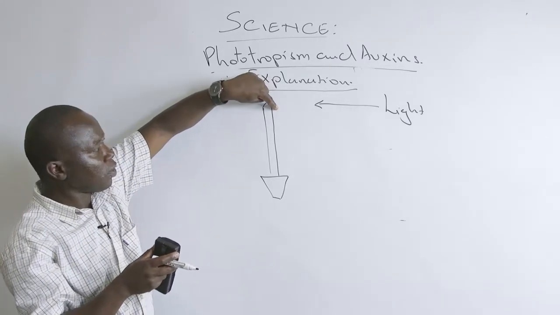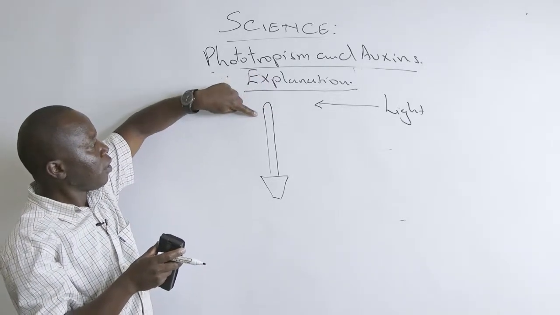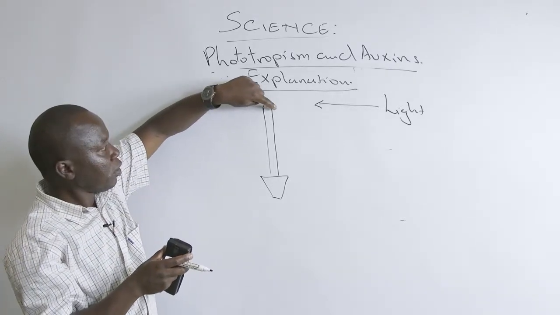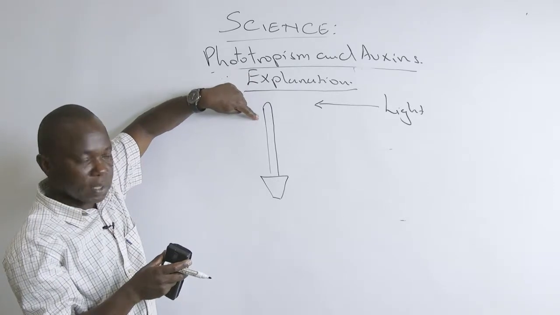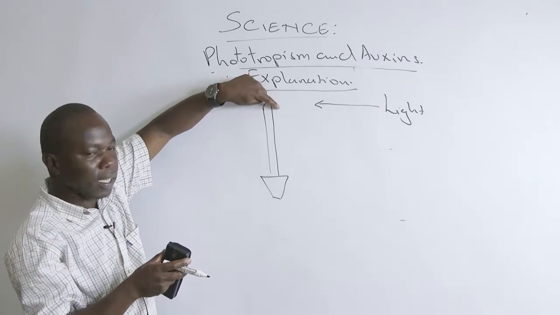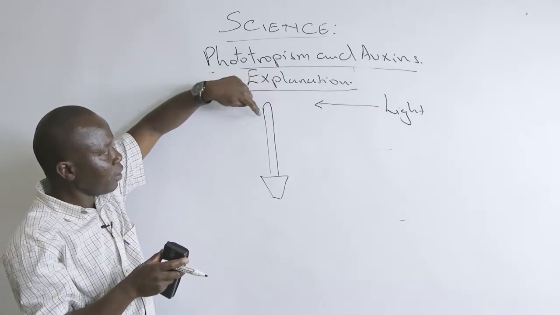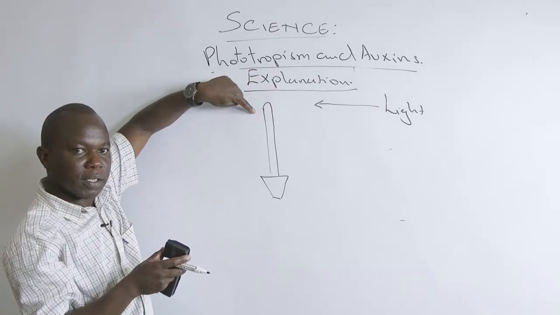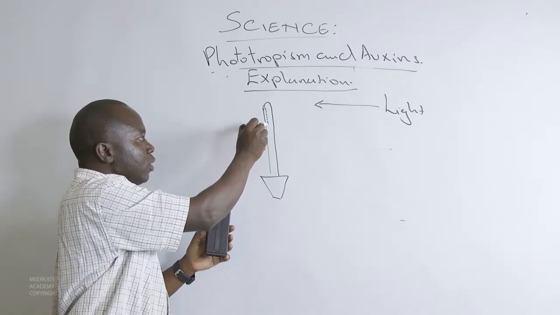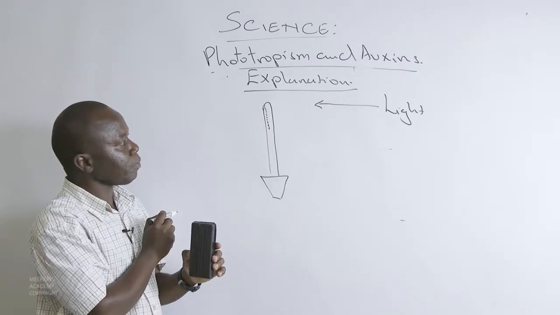When light falls on this object, shade will be at that point. So that's the dark point. So auxins will migrate from this side, the lit side, to the shaded side. So we're going to have high concentration of auxins at that point.